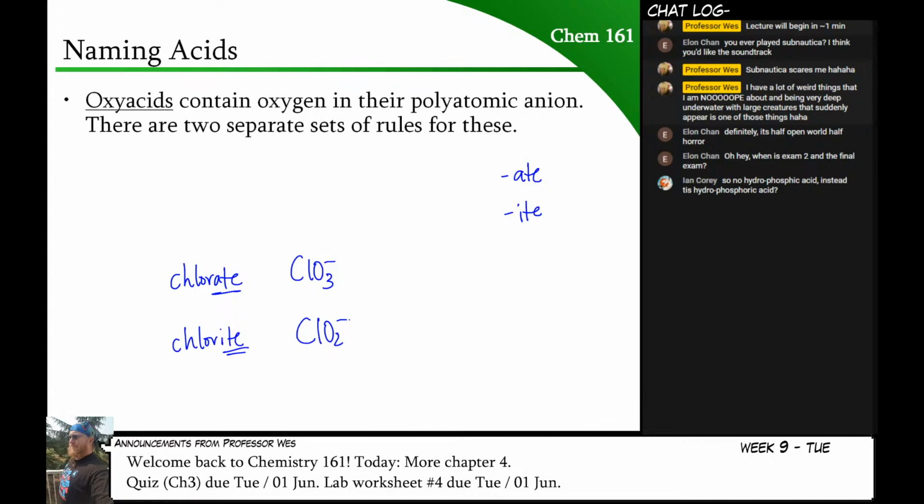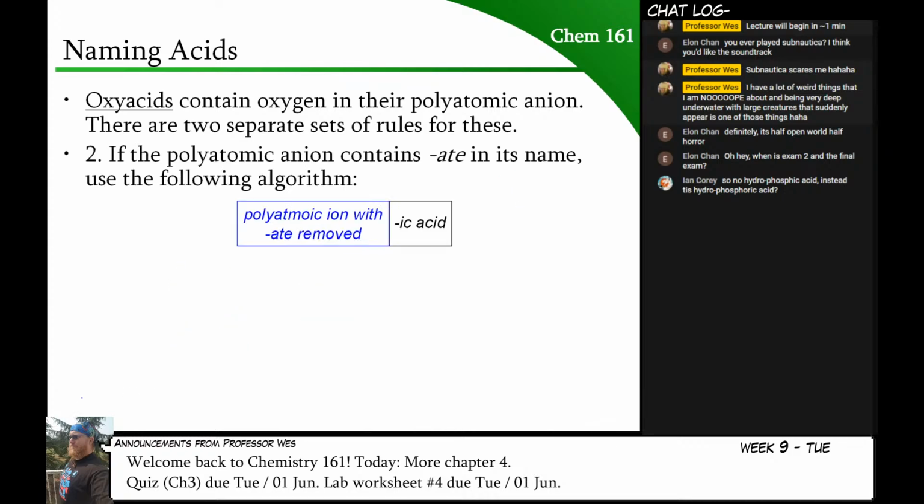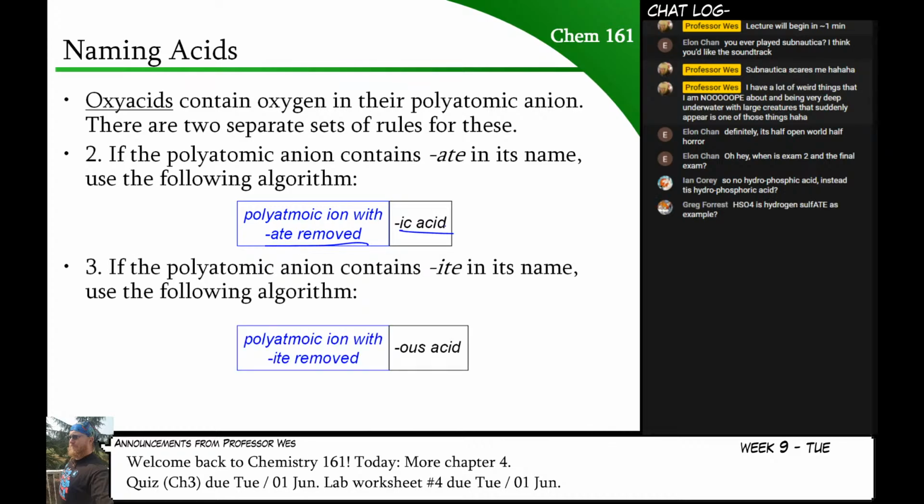So we can make acids out of these compounds by following some simple rules. And those rules are the following. If your polyatomic ion ends in ate, then you're going to strip off the ate and replace it with ic acid. And if your polyatomic ion ends in ite, you do the same thing, but you strip off ite and replace it with ous acid.